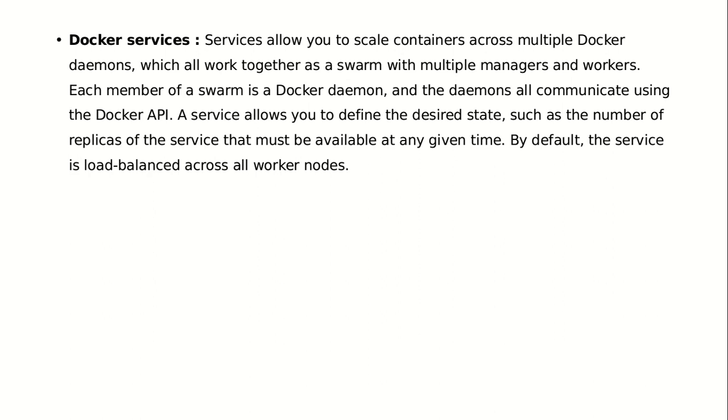Services allow you to scale your containers across multiple machines, which all work together as a swarm with multiple managers and workers. Each member of the swarm will have a Docker daemon, and these daemons will communicate using the REST API. A service allows you to define the desired state, such as the number of replicas of the service that must be available at any given time.